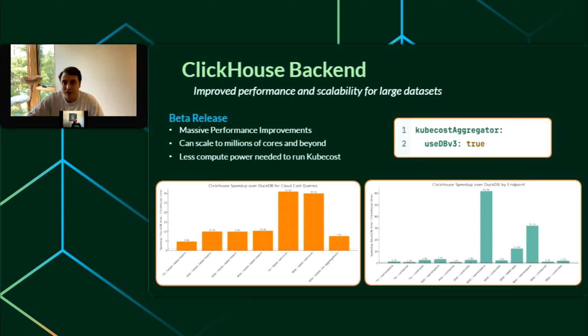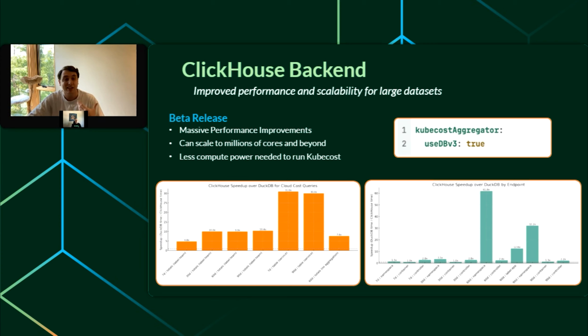What we're seeing for cloud cost queries, so cloud cost is the queries for your cloud bill, are massive performance improvements. You can see even at the small end, just doing 7-day queries, it's coming back like 5 to 10 times faster in query execution time.